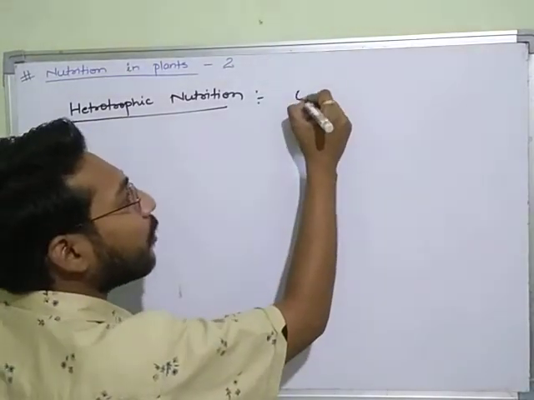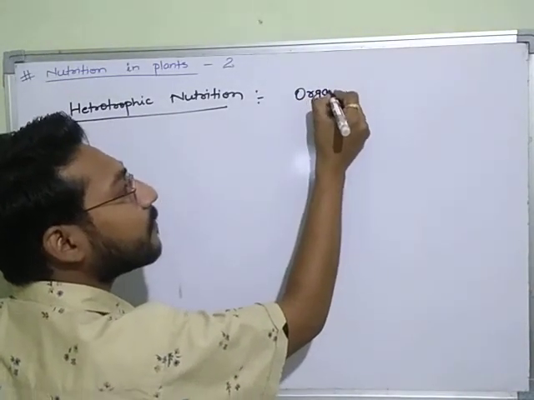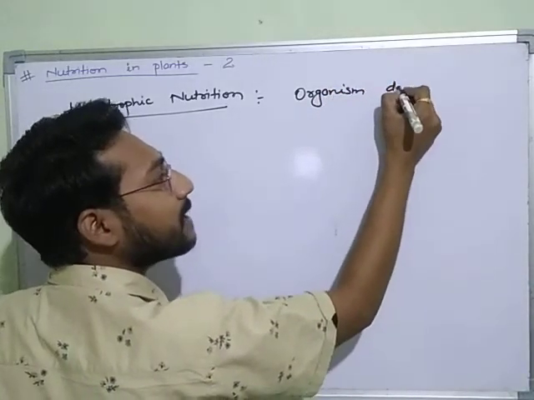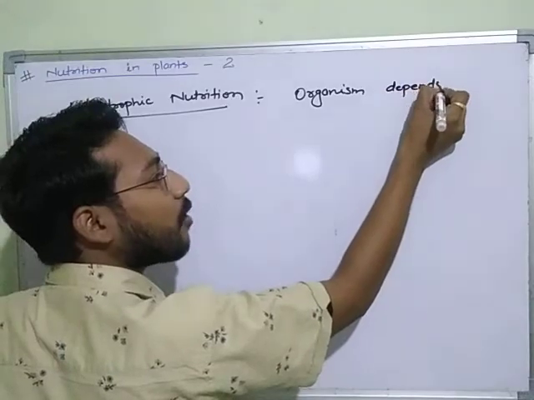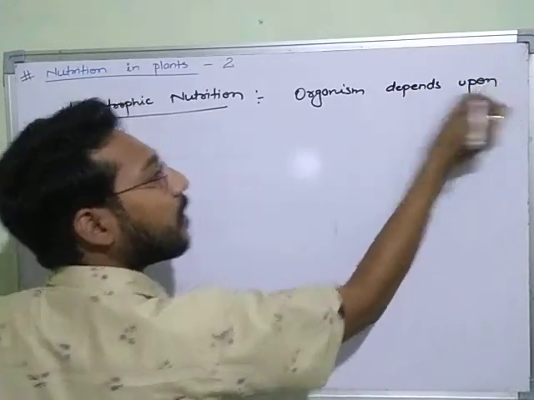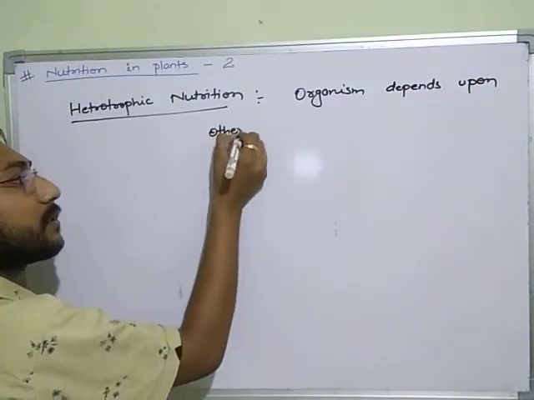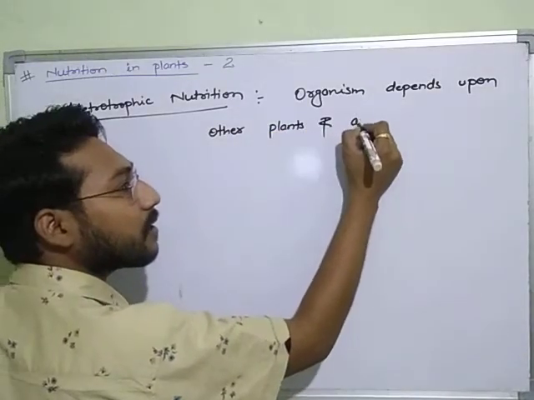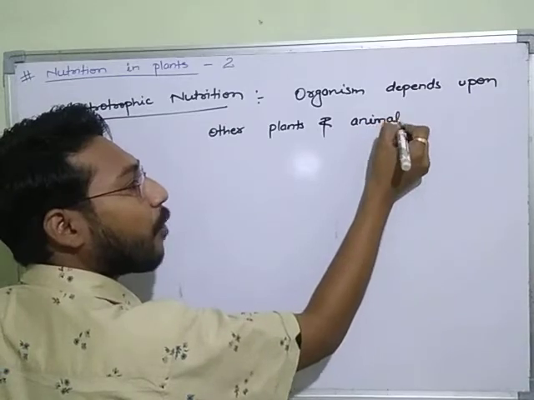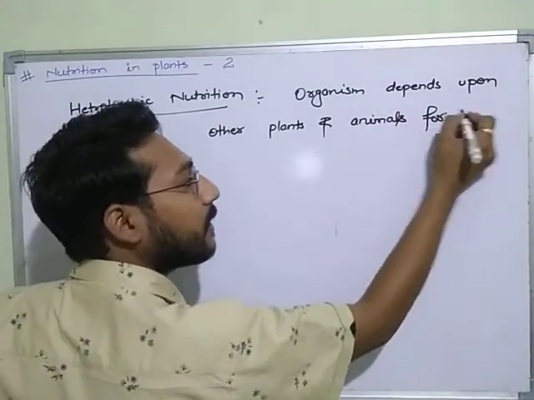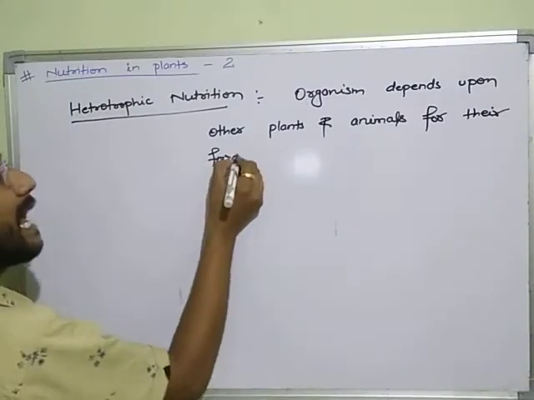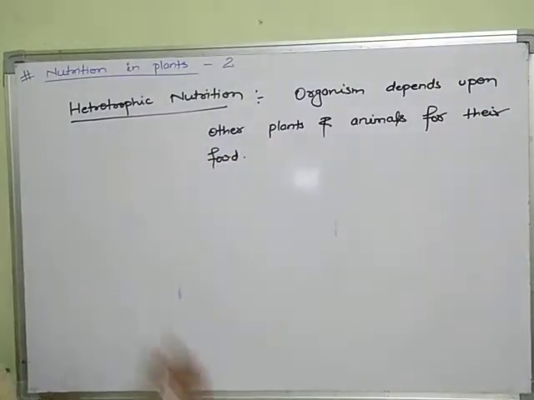That means any organism, when it depends upon other plants and animals for their food, then that type of organism is known as heterotrophs.